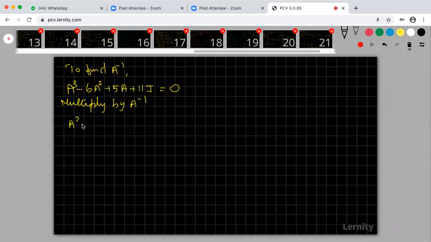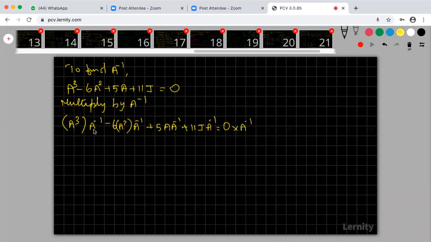Therefore, this is A cube into A inverse minus 6A square into A inverse, and this is 5A into A inverse, plus 11I into A inverse. Right hand side is 0 into A inverse.